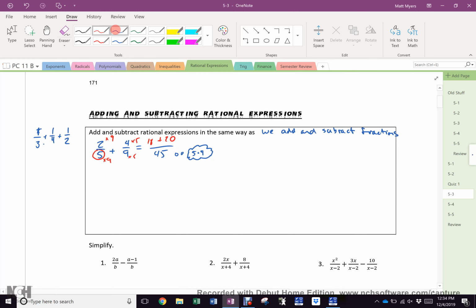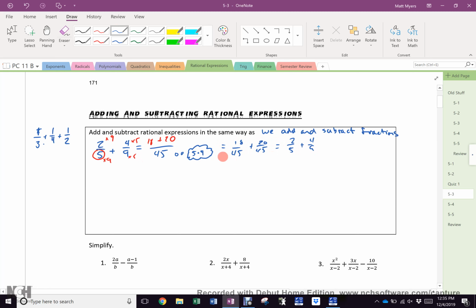Now, technically what you have here is 18 45ths plus 20 45ths, right? And if you simplify both of those, you get 2 fifths plus 4 ninths. That's exactly what we were asking, right?